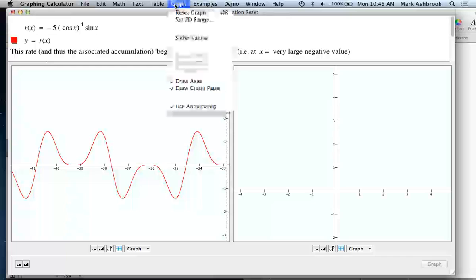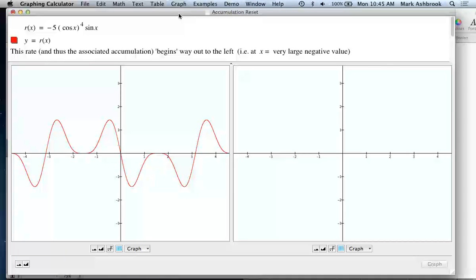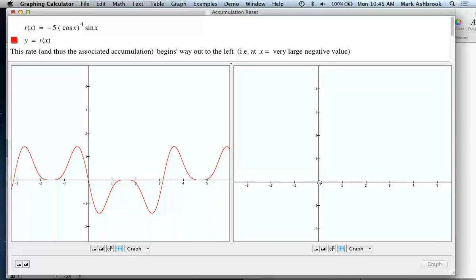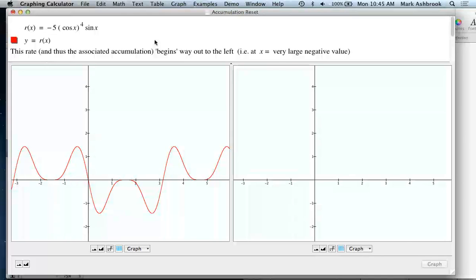Just gonna reset the graph here. Okay? So if the rate and the associated accumulation begins way out to the left, then what would this represent, if the rate of accumulation starts way out at almost negative infinity, and then we let x increase?